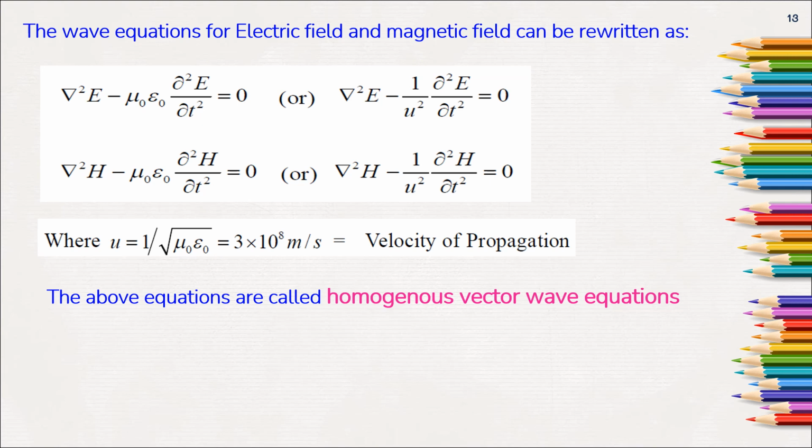U is equal to 1 by root of mu naught epsilon naught. Right? So del square E minus 1 by u square into dou square E by dou t square is equal to 0. Similarly, here I replace mu naught epsilon naught by velocity. So del square H minus 1 by u square dou square H by dou t square is equal to 0.